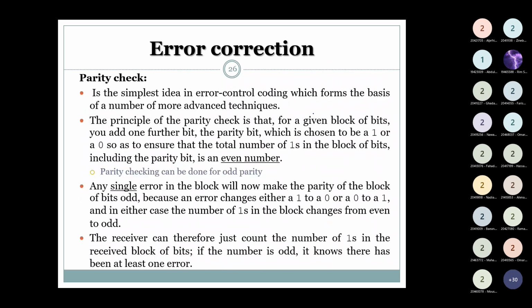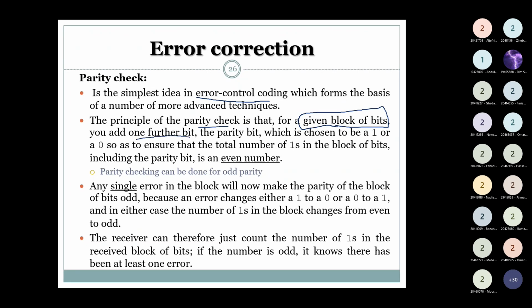The parity check is the simplest idea in error control coding, which forms the basis of a number of more advanced techniques. The principle of the parity check is that for a given block of bits, you add one further bit.